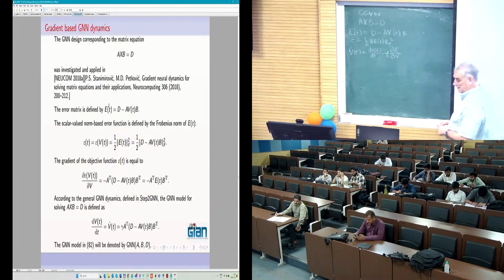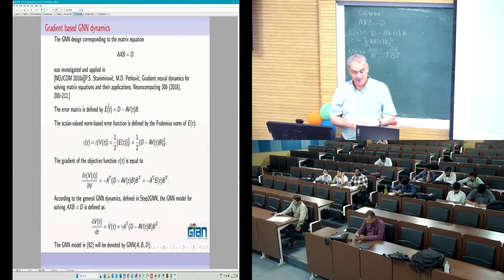Gamma was a scaling parameter, a gain parameter, as large as possible.